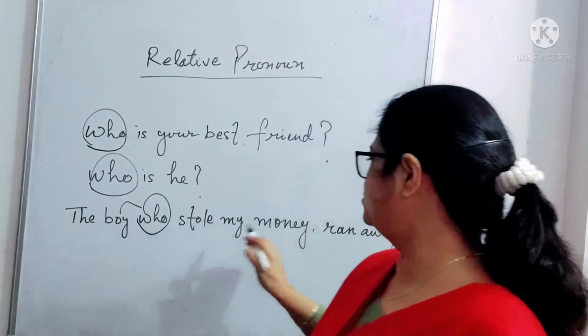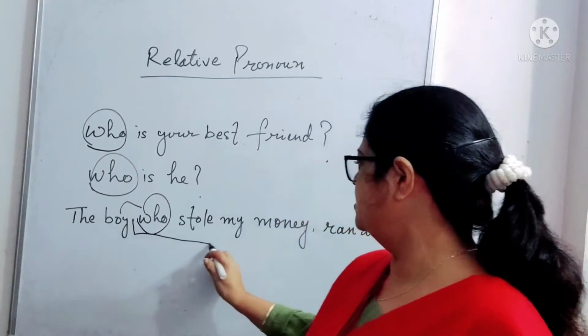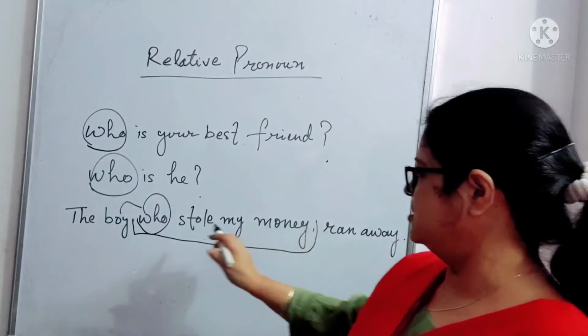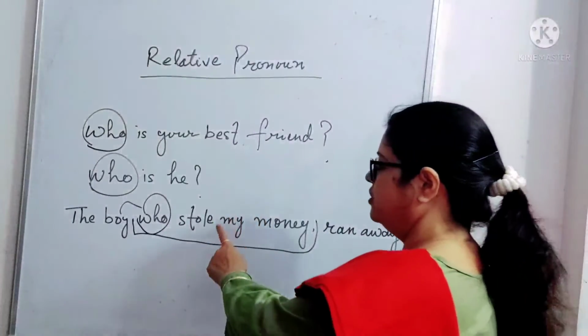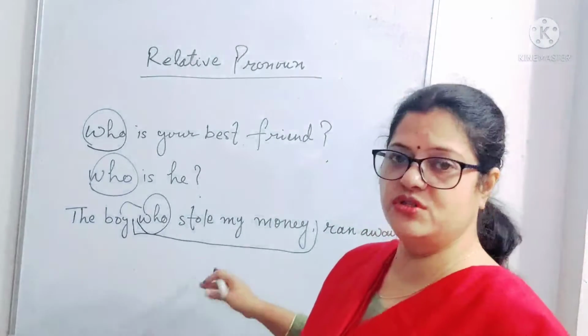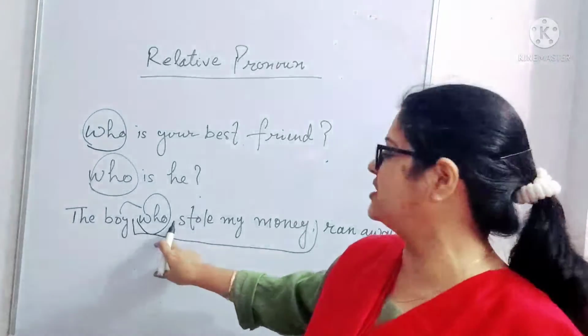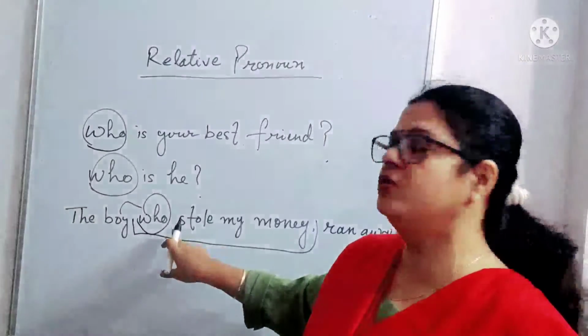So we see that this is called relative clause, or you can say this is called adjective clause also. So here, this relative clause is starting with relative pronoun who.